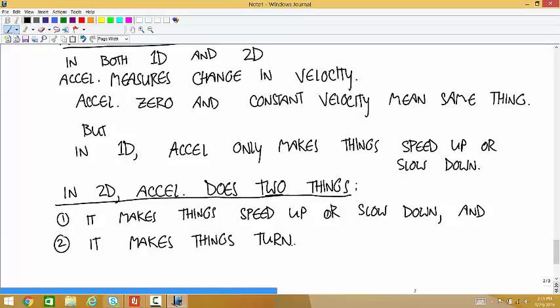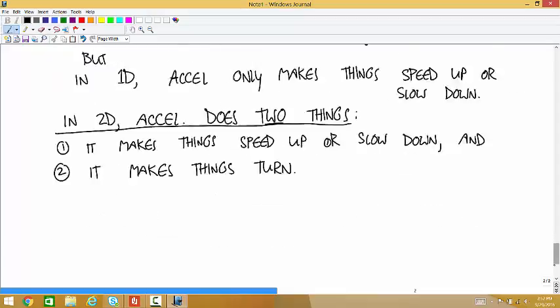In one dimension, there's no such thing as turning. All you can go is forward and back. But in two dimensions, you can change directions, and acceleration does that. So anytime an object is speeding up or slowing down, it's accelerating. And anytime an object isn't moving in a straight line, it's accelerating. So any turning is an acceleration, okay? Because the velocity vector is changing.